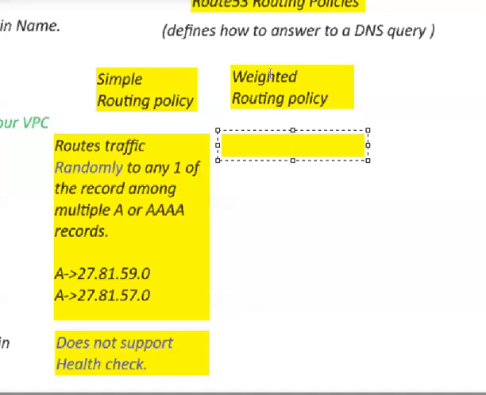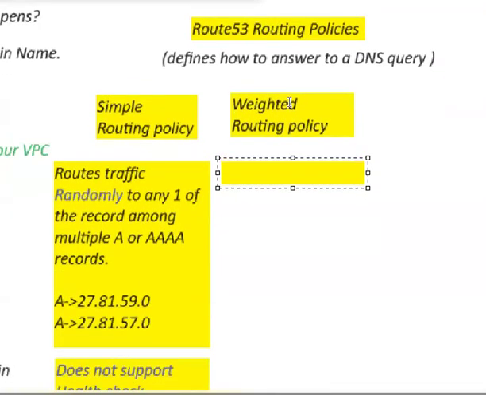Now, the second one, that is the weighted routing policy. If you prefer this routing policy, then your traffic is routed based on the weights you specify to records. Based on that, your traffic will be routed among records, and then the query is transferred to the corresponding IP address held in that record.